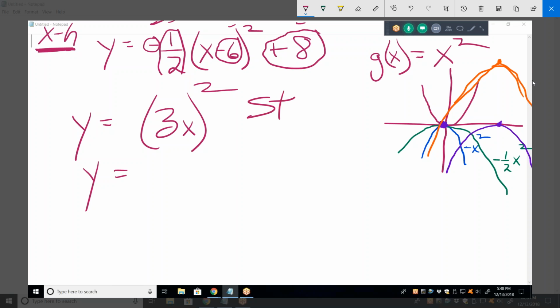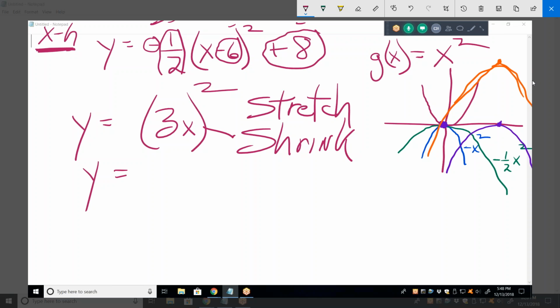Uh-huh. And it's positive, so it's a stretch. Actually, it's the opposite of the other case. They're opposites. If it is vertical and it's greater than 1, it is a stretch. If it's between 0 and 1, it's a shrink. But if it is horizontal, it's the opposite. This is actually a shrink. Okay, that makes sense. By a factor of 3.